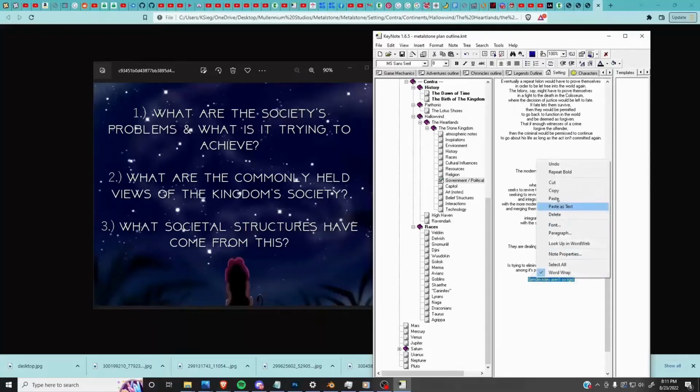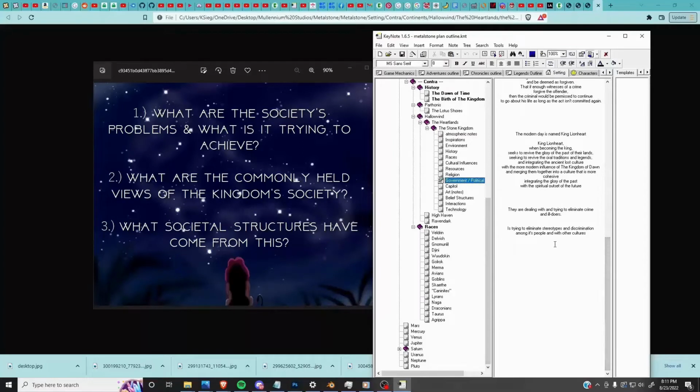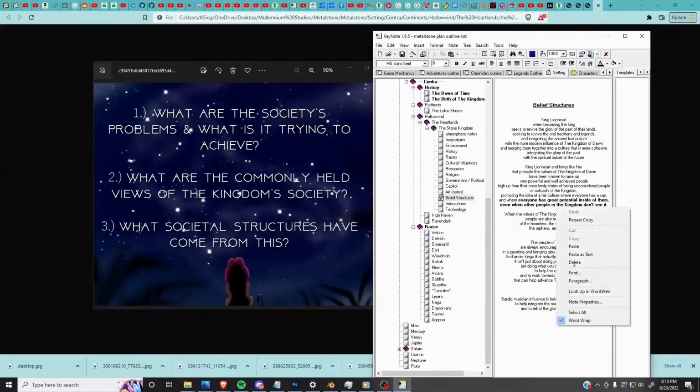Actually, this can be put both in government and belief structures, because in this culture, women would be allowed to become knights and soldiers for the army and play the more manly type of roles that a lot of cultures would deem only fit for a man, so they could also be leaders too. Women here are treated with more respect than some other cultures. So I'm going to copy this and put it in belief structures as well.